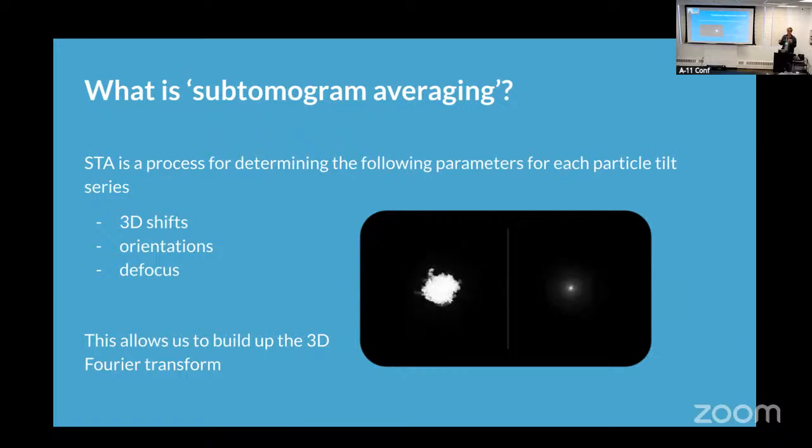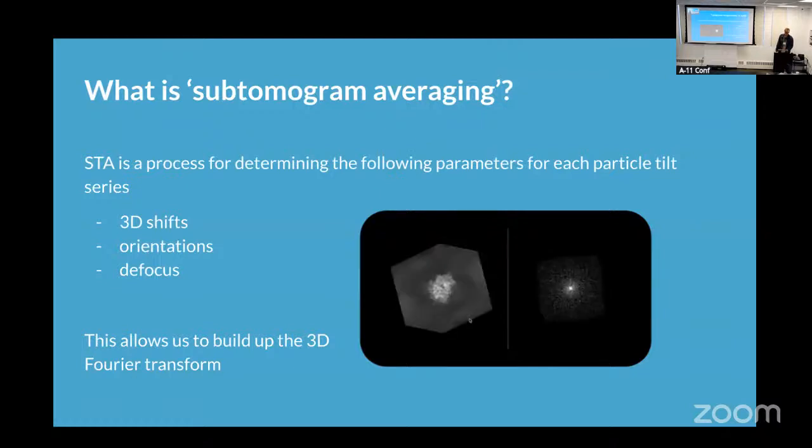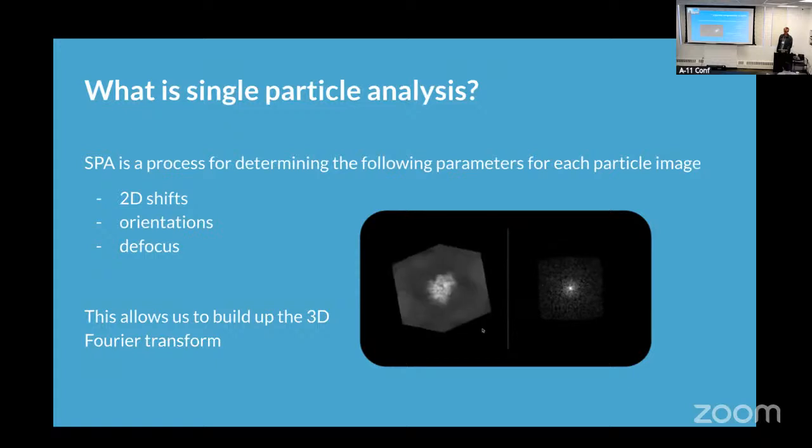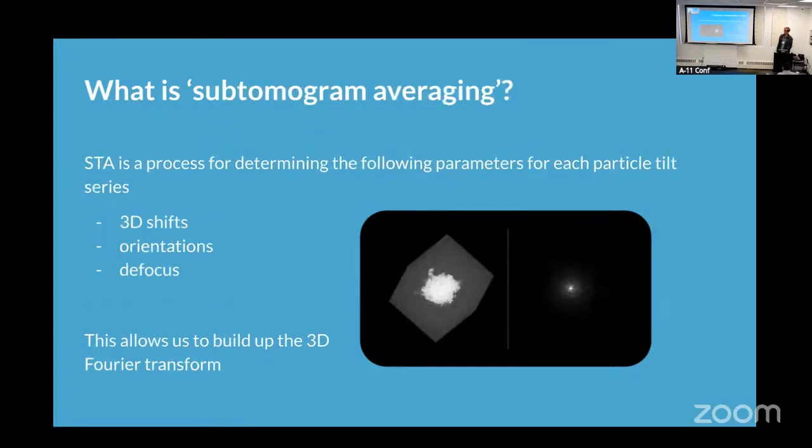So you align the particles to some common reference. You still need to know for each individual image the correct defocus because it's still an image from an electron microscope and has that CTF in it. But fundamentally, this is really not that different from the single particle analysis case that we were looking at before, right? It's fundamentally the same thing, just sets of constraints. And you guys did this yesterday in NextPYP. You saw really nicely that, yeah, once it's all there, it all does work and it does make sense.